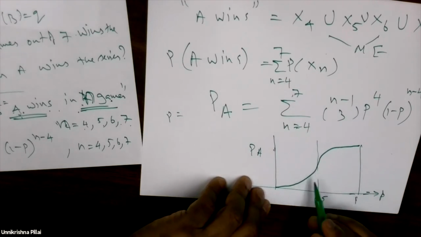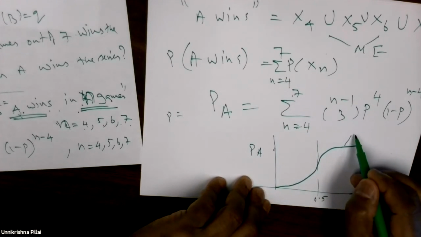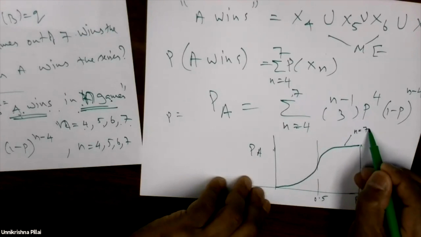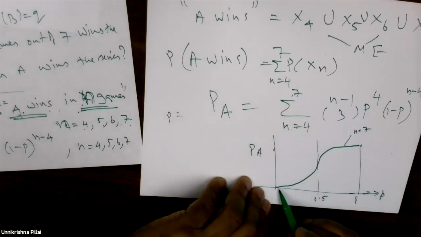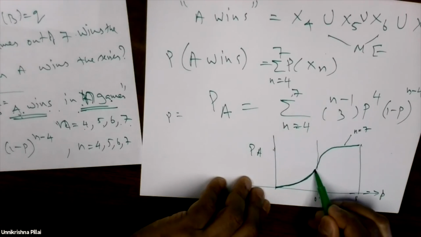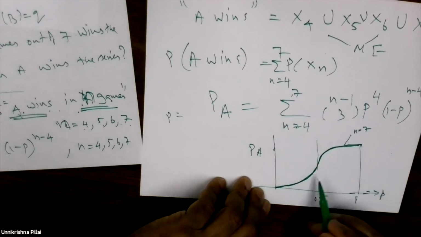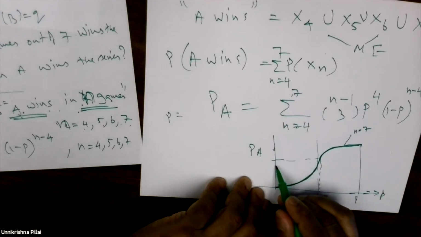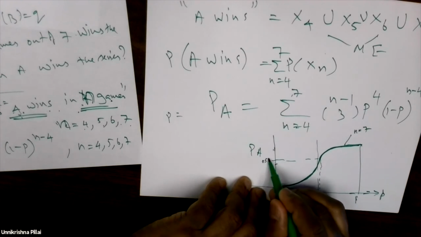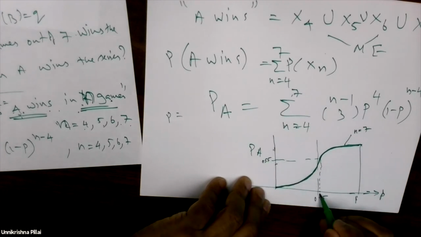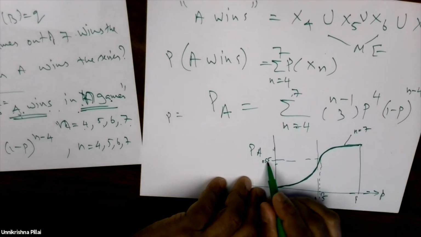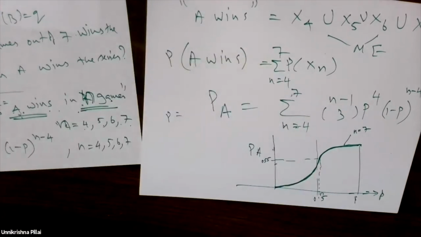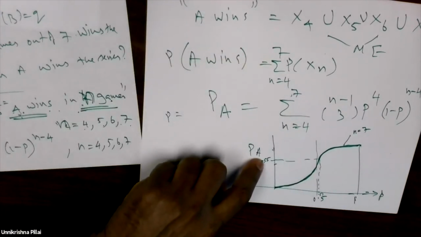That means if your probability is p equal to 0.51, this may come out to be, let's say, 0.55. So if you have a slight advantage, it gets a little better.